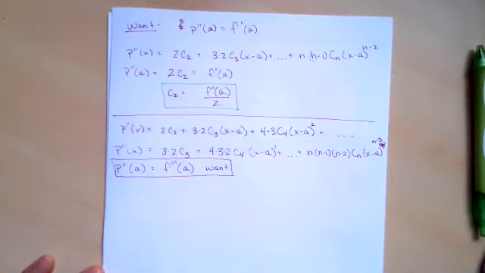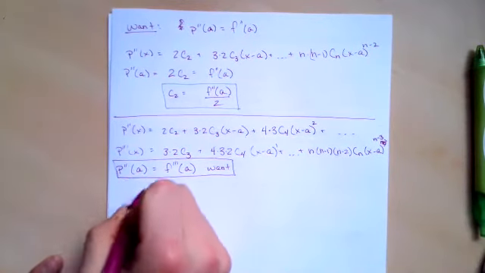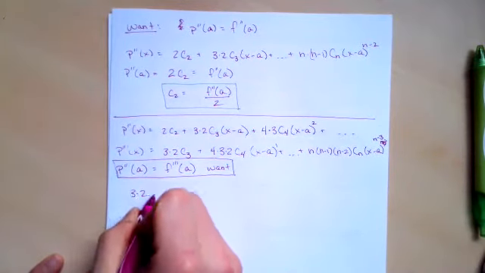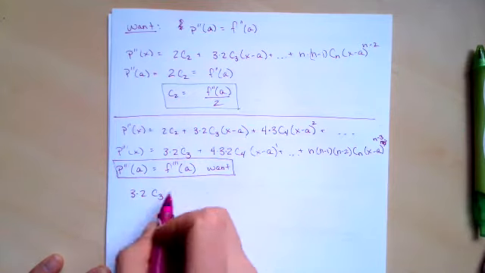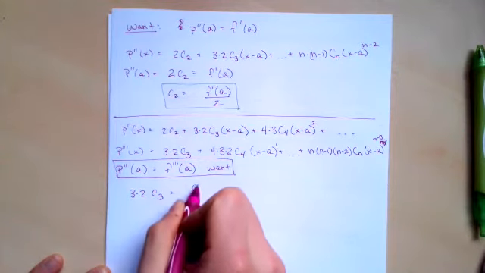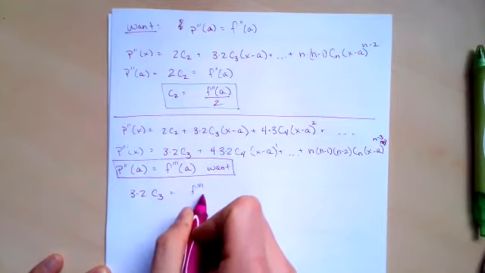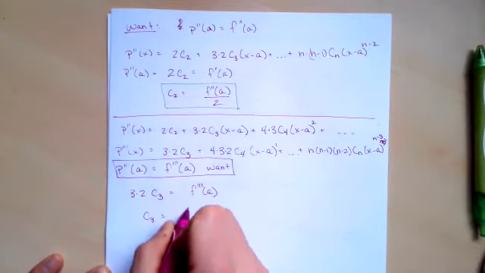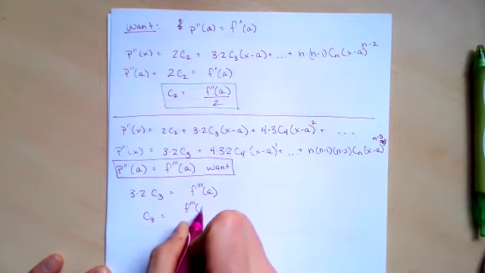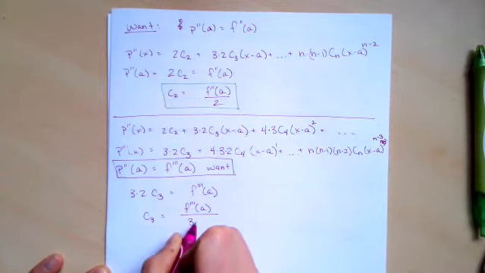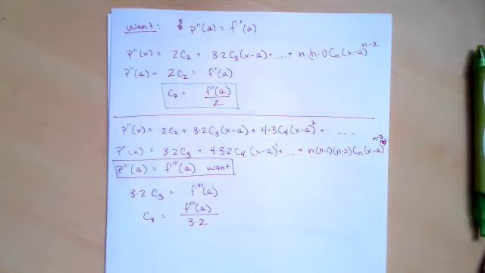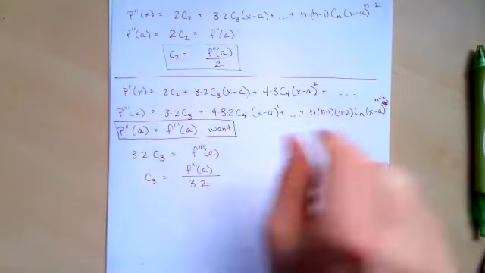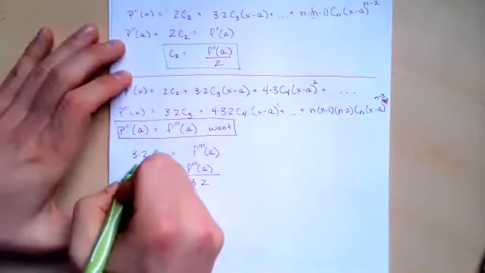And just like here in our next one, this tells us that our 3 times 2 times c3 is going to equal f triple prime of a. So in other words, c3 is f triple prime of a over 3 times 2 now. And I'm intentionally not multiplying those out. So we've done 4 terms.